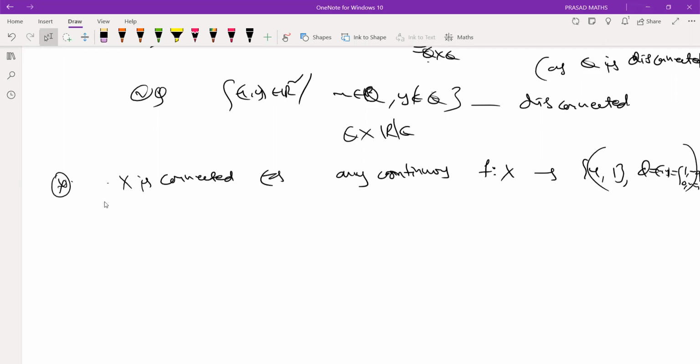Any function from X to a two-point set is a constant function. If X is connected, then there are no non-constant functions from X to the two-point discrete space.